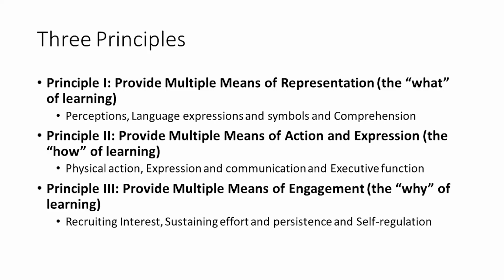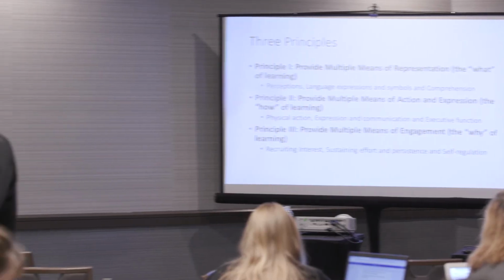Okay? And then the third is, how are we going to engage kids in this lesson? So those 3 things guide lesson planning. And if they do, then you don't have to worry about kids with disabilities not being included in instruction development. Because the first thing is different ways we're going to present it.